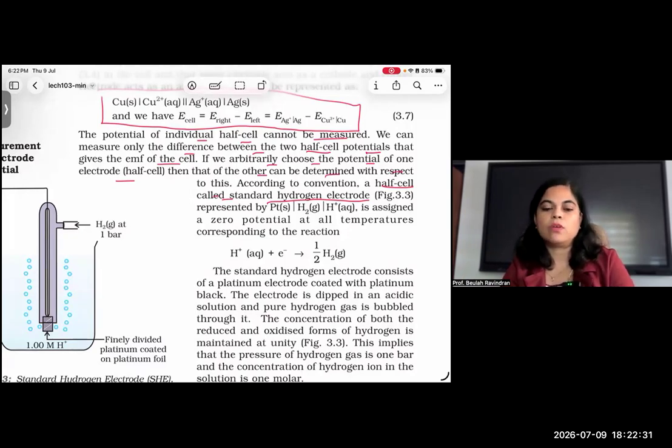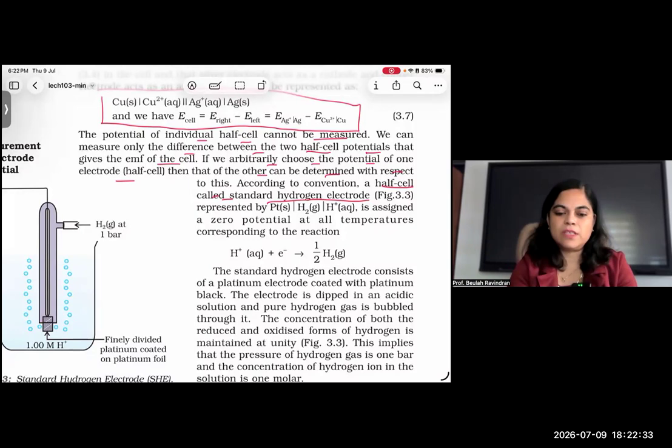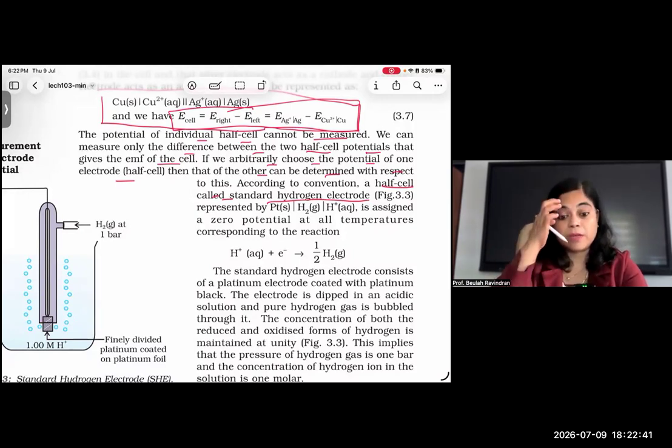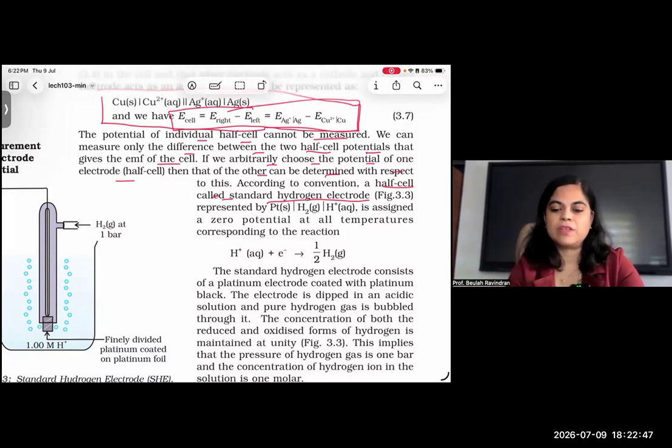That means with this you are able to find it out with this relation.